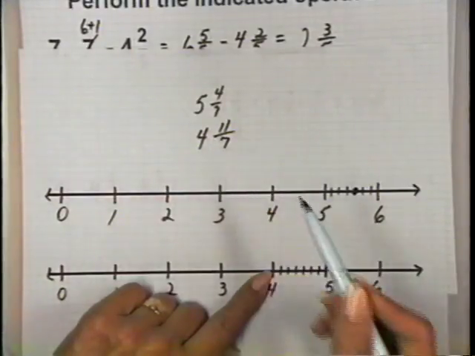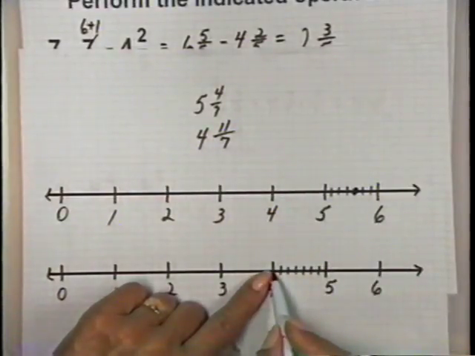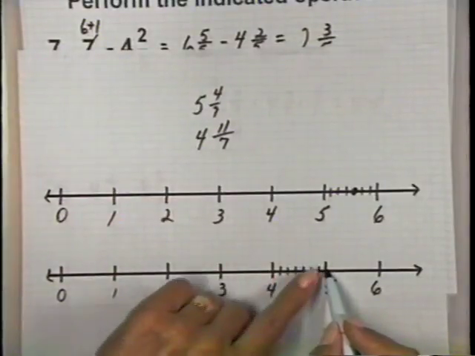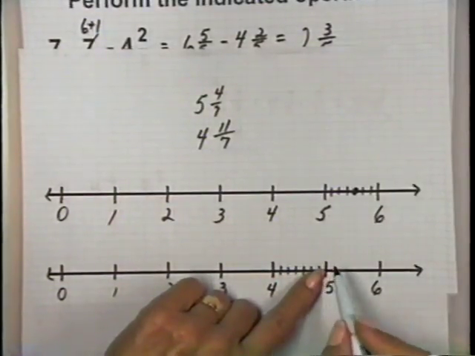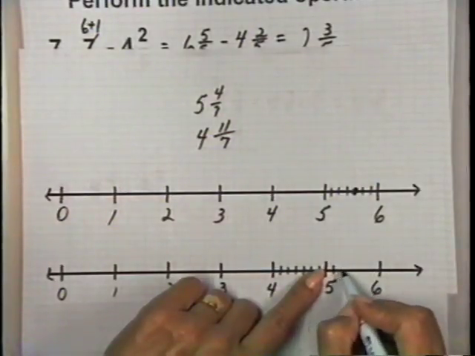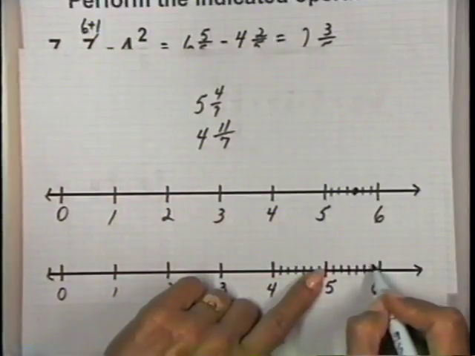I need to move 11/7. This only is 7, isn't it? 1, 2, 3, 4, 5, 6, 7. So I need to go 4 more.